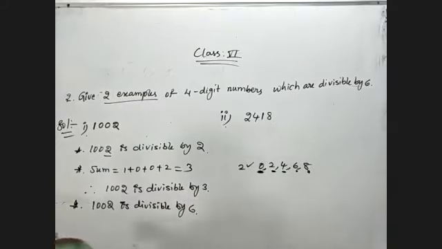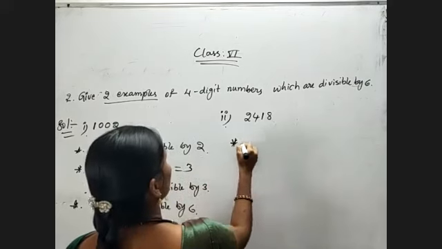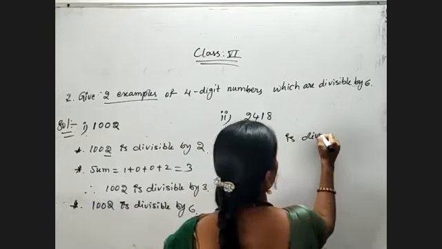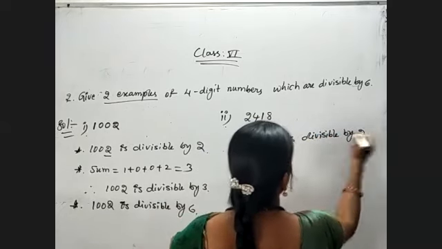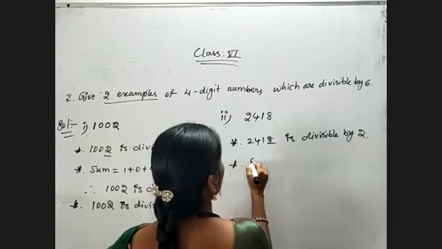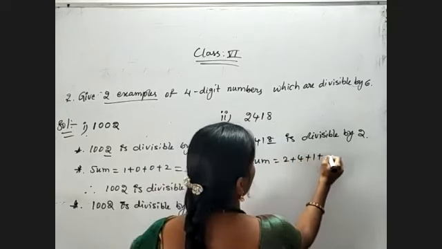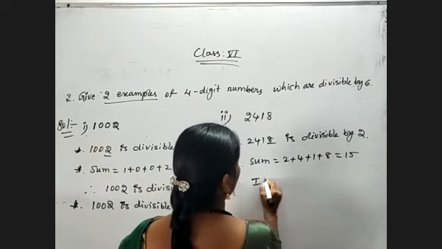Okay. So because 8 is there in the unit place, 2418 is divisible by 2. Because 8 is there in its unit place, and the sum of the digits is 2 plus 4, 6, 6 plus 1, 7, 7 plus 8 is equal to 15. So it is divisible by 3.